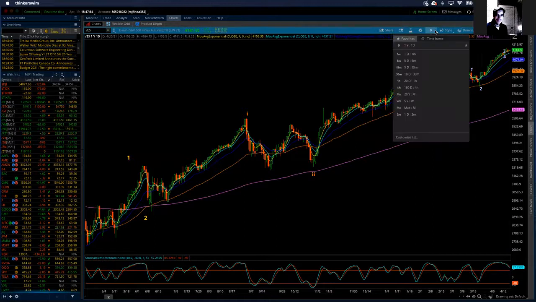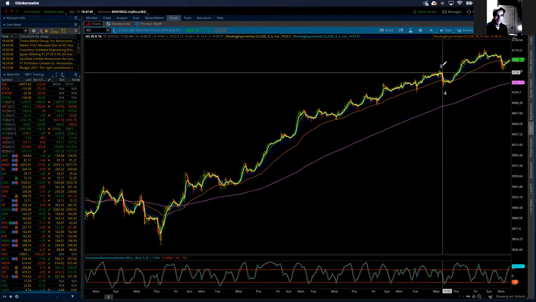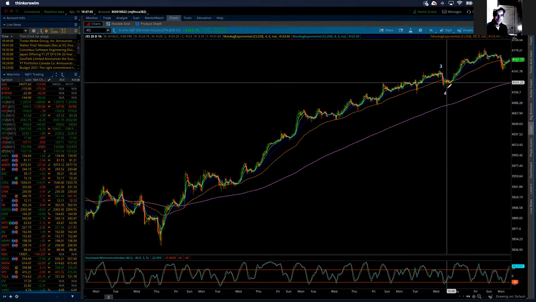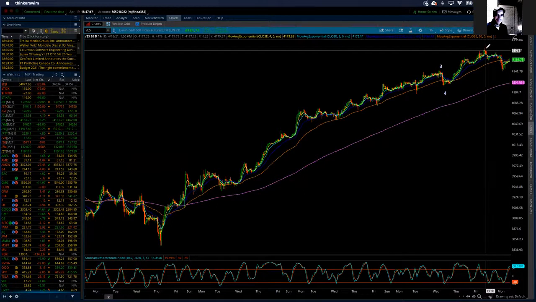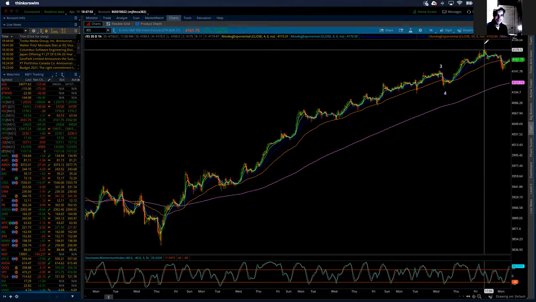So I'm going to bring this down to the hourly chart so we can see where we are. We're counting the internal waves for the minor third wave. So we're in that 5th wave to complete the minor third. Now, it is possible to call it complete here. I could put a 5 there, put the 3 above it, and then the intermediate 3 above it.